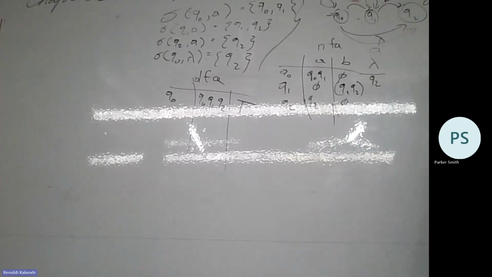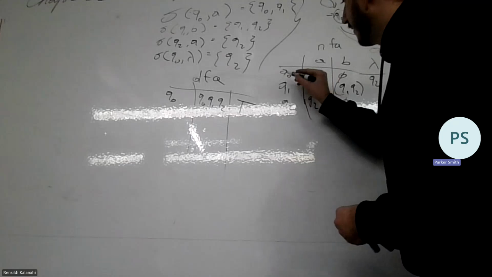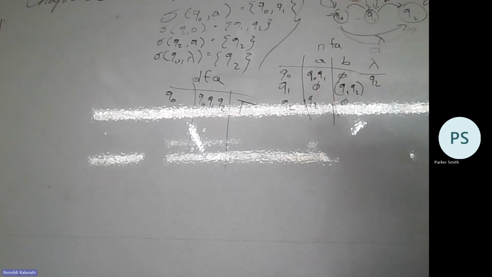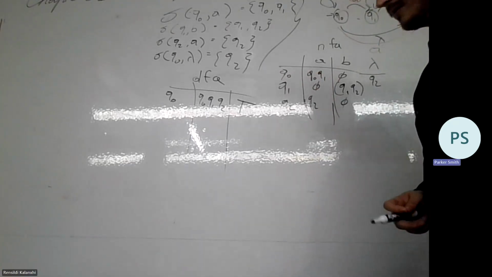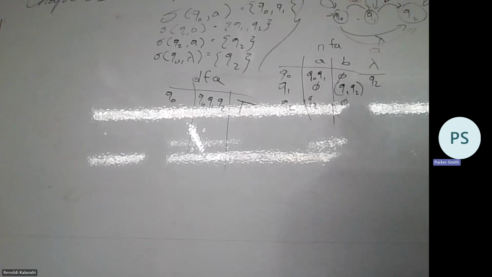Don't confuse it with the Q1, the Q2. Why not? Well, because Q0 isn't going to go to a trap when it's B in the DFA. It'll go to Q2, yeah.